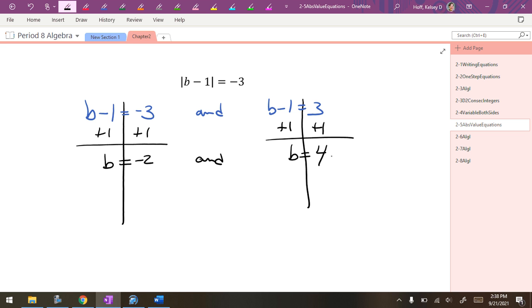The definition of absolute value is that when you take the absolute value of a number, you always end up with a positive. So is there a number I can plug in here that when I take the absolute value of it, I'm going to get -3? No, because it's negative.